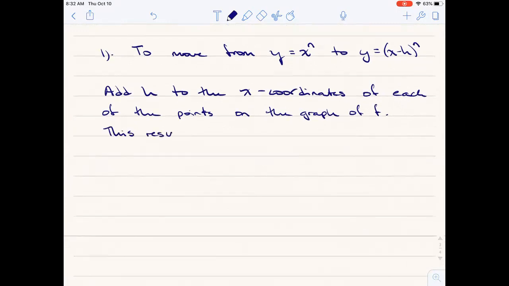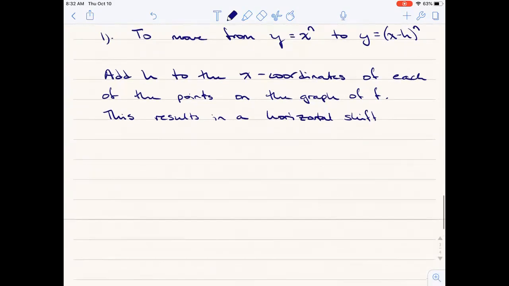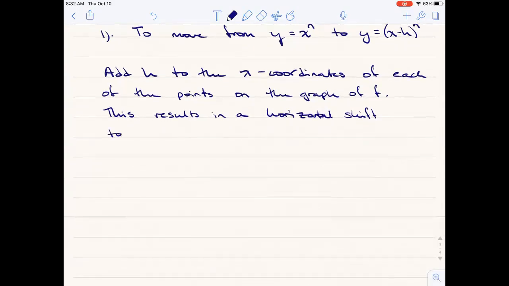This results in a horizontal shift to the right if h is greater than 0, or left if h is less than 0.